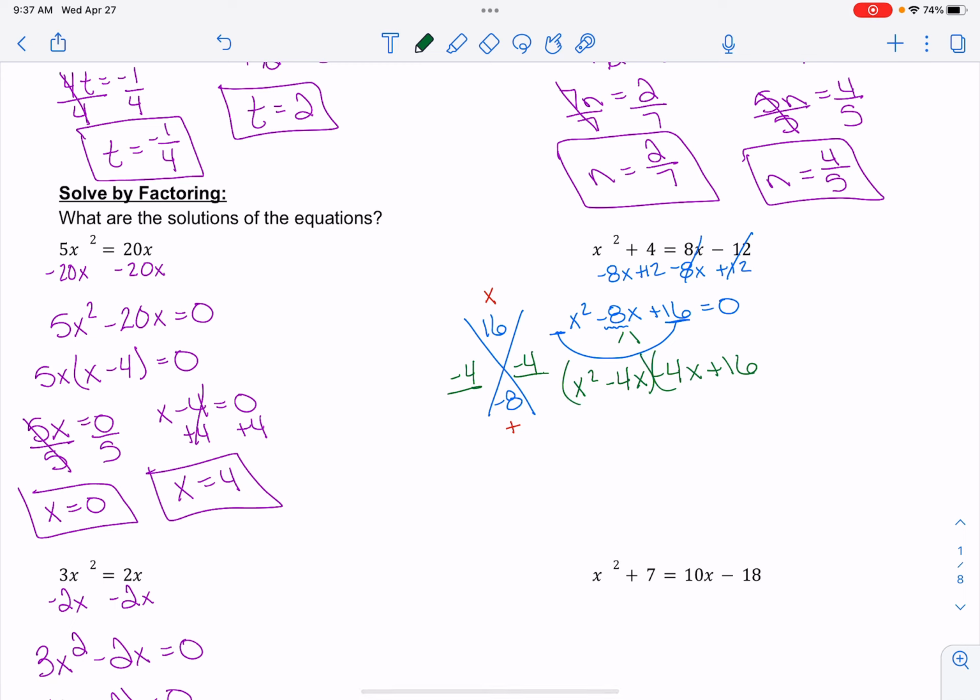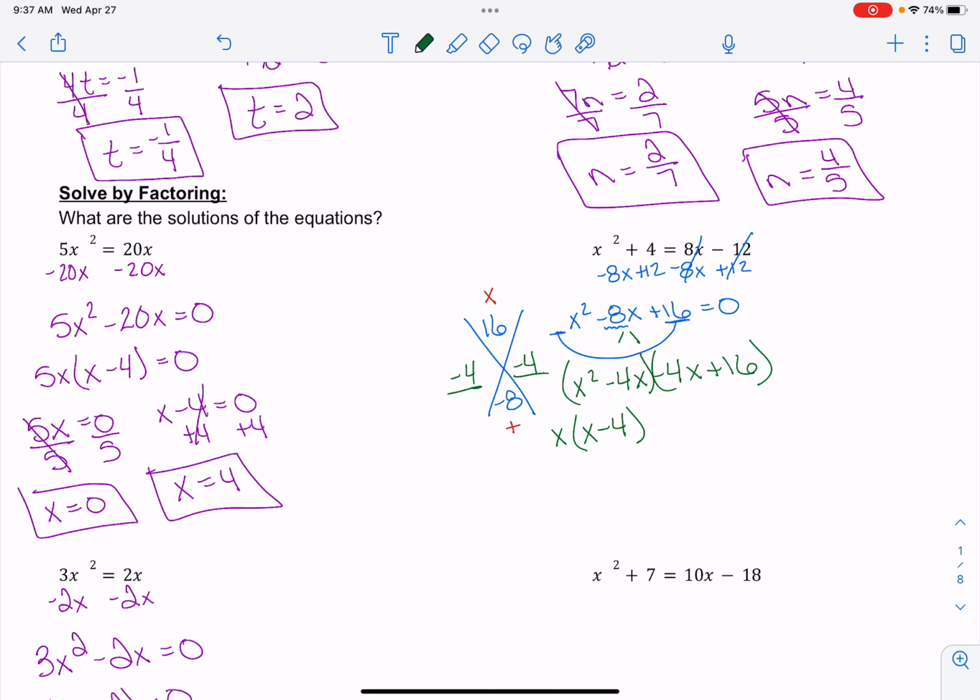And then we have to group off our pieces. So first two numbers go into parentheses and the last two numbers go into parentheses. And then you have to pull out your GCF from each group. So in our first group, we have x squared minus 4x. Our greatest common factor is just x. And so inside, we're left with x minus 4.